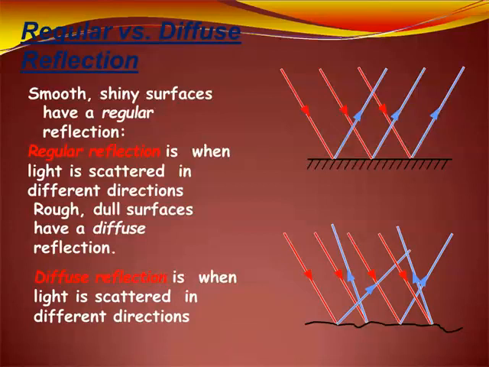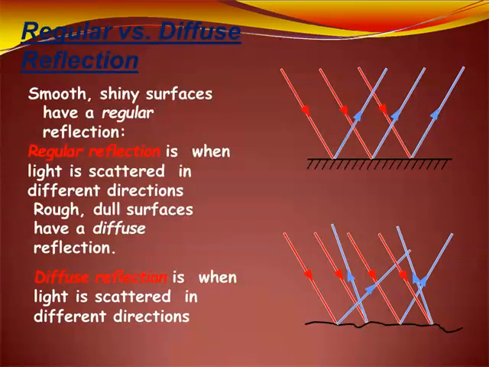Rough, dull surfaces have a diffused reflection, where light is scattered in different directions. Regular reflection is in a straight path, where the angle of incidence is equal to the angle of reflection.